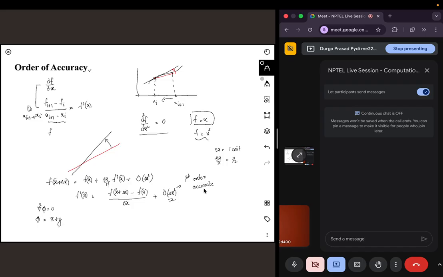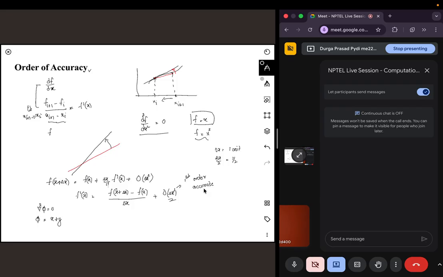Now phi is linear in x and y, right? So when you take nabla square phi and discretize it using first order accuracy and solve it, you will get phi exact everywhere, you will get the exact value back.